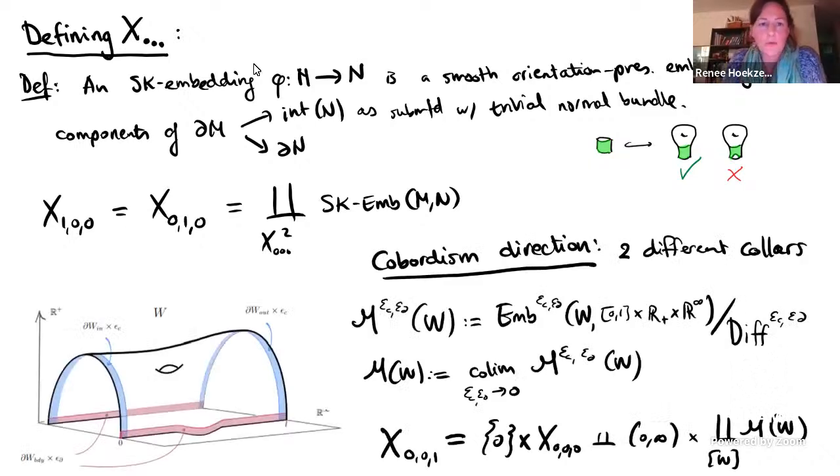Now, what do I do in this cobordism direction? I have 3 boundary components of my cobordism: the ingoing, outgoing, and the free boundary. And I need 2 different types of colors in each direction. So I do a similar construction as before, where I take these 2 colors, and then I take the colimit of them going to 0. And then the way I define x001 is, if I think about a cobordism category, then I want to add cobordisms of length 0, which are the identities.